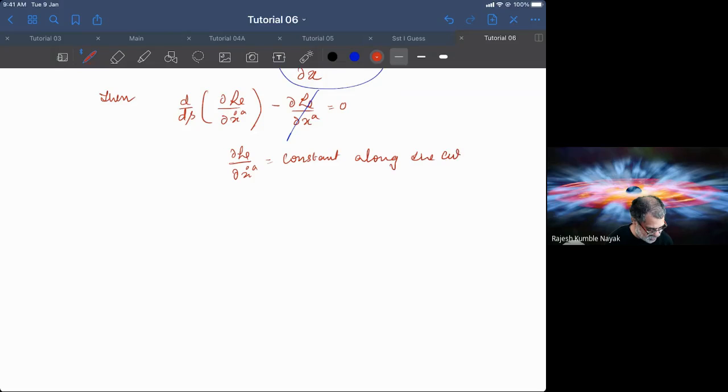Okay, so this is important. It's constant along the curve, and you may call it a generalized momentum. So you are all familiar with this.